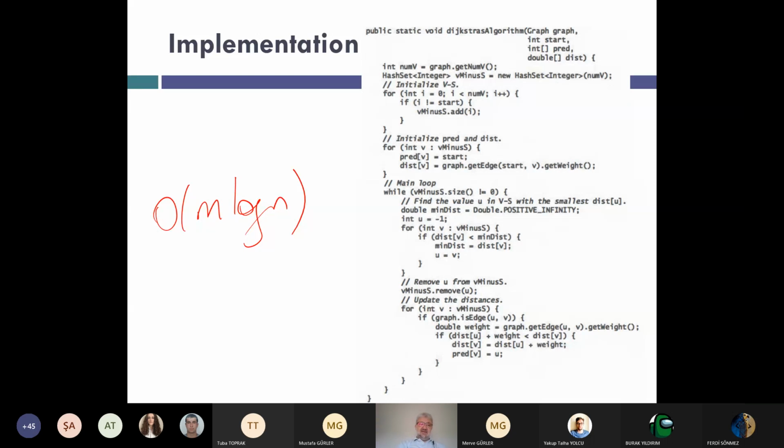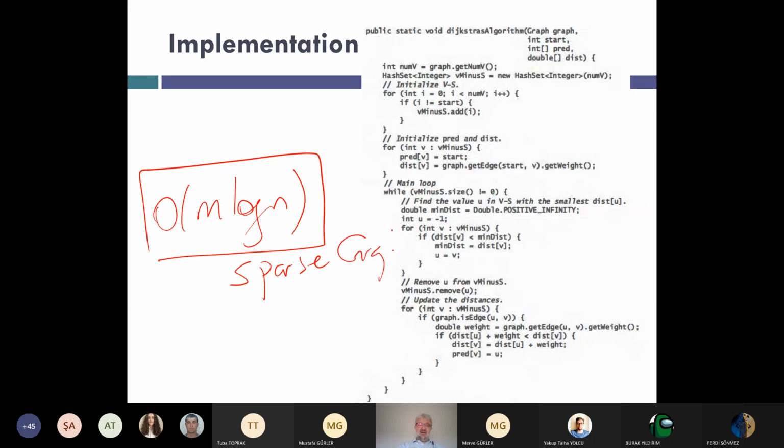Okay, this is the running time for the algorithm, and if it is a sparse graph, you use adjacency list, priority queue, and hash set.